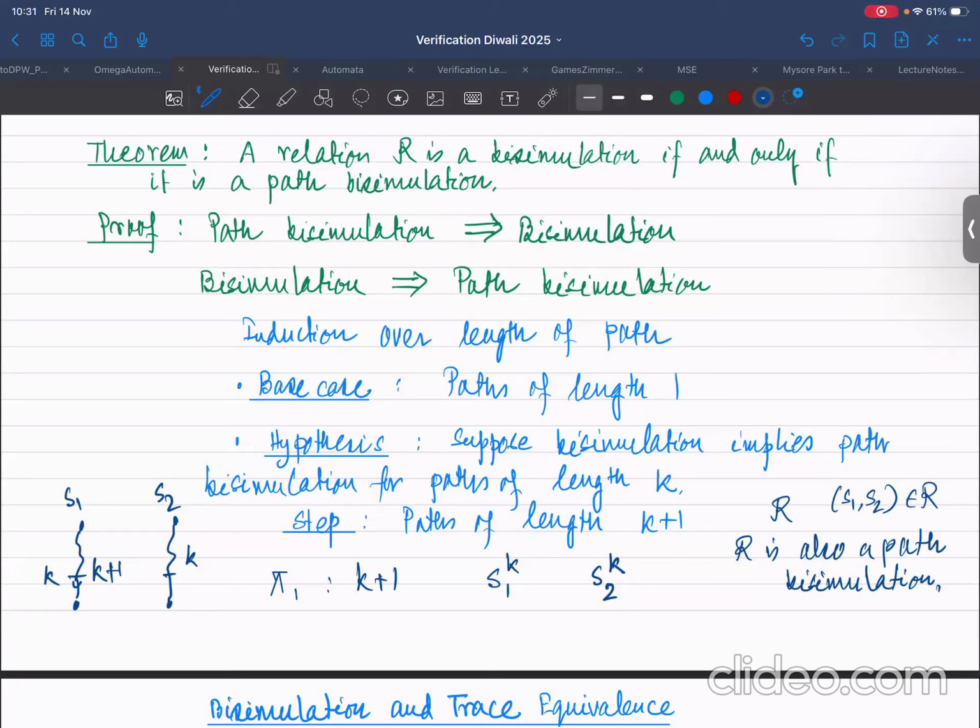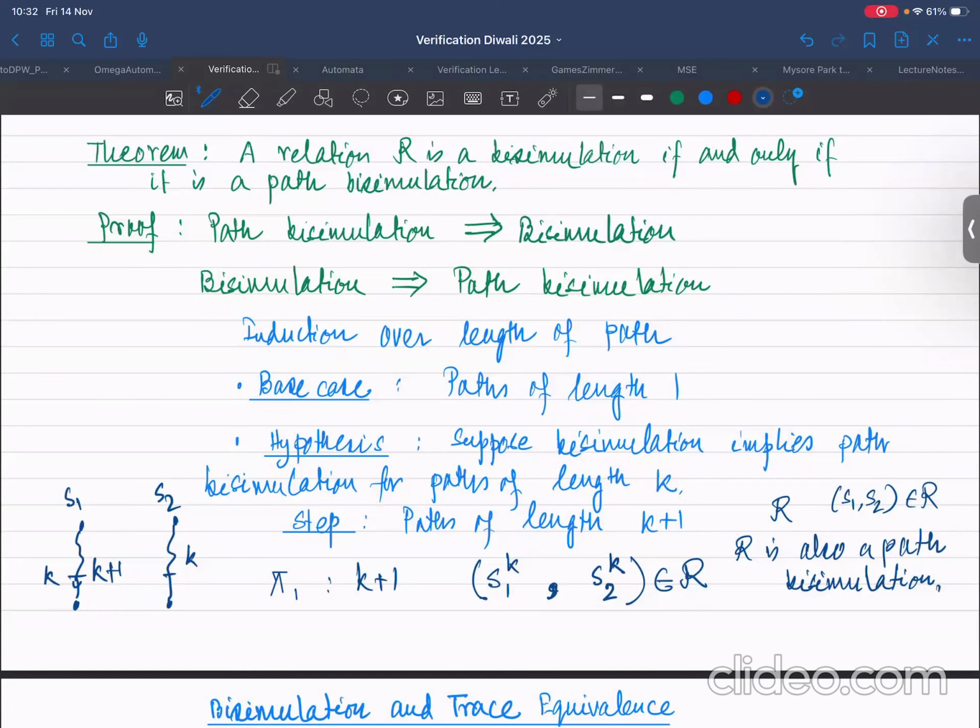If I talk about paths of length k, I consider a path of length k, so I'm reaching S1k, and then there exists an S2k such that S1k comma S2k belong to R. This is by the induction hypothesis.